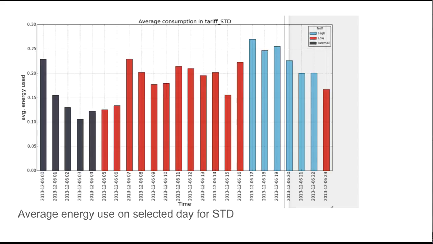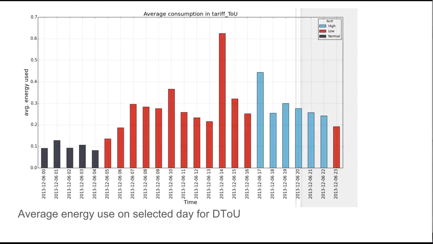The chart shows there is a correlation between high consumption and high charges. For the average energy use on the selected day for dynamic time of use, there is no obvious correlation between high consumption and high charges.